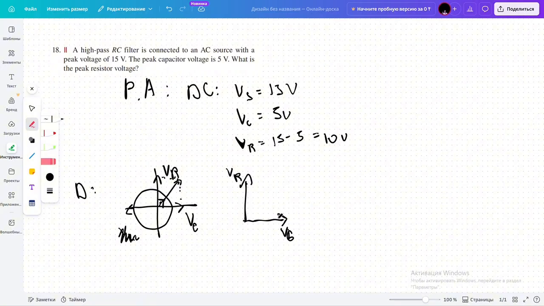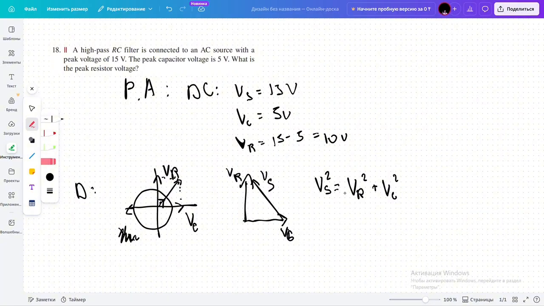This is the capacitor, like this, and there's a V source voltage, and our formula will be V resistor squared plus V capacitor squared equals V source squared. So the hypotenuse is the peak source voltage, and one side is the peak capacitor voltage. The missing side is the peak resistor voltage.